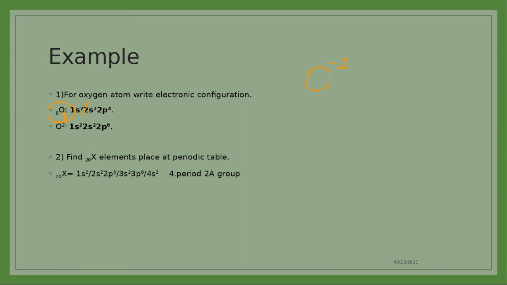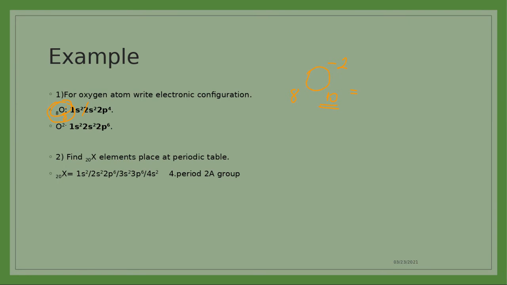Now for the ion of oxygen. You know from the first example that there are 8 protons. If you want to find the electron number, that will be 10, and you fill up to 10.